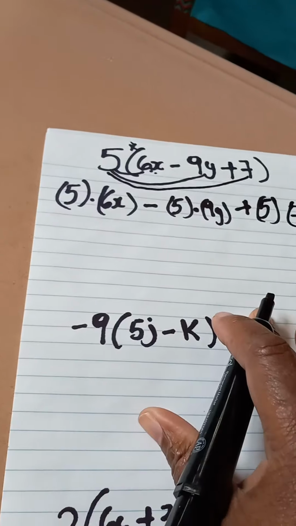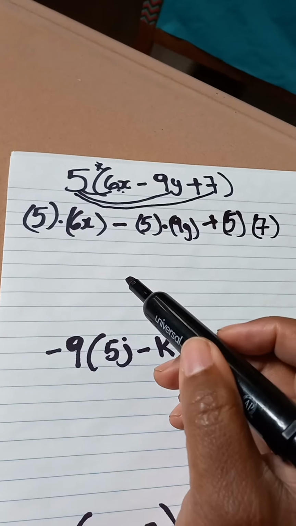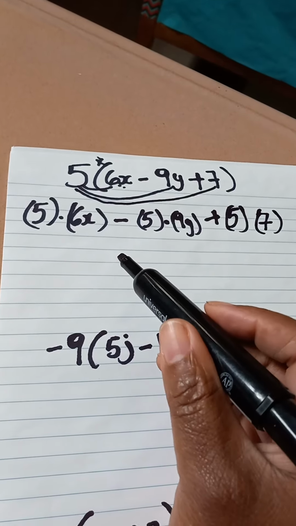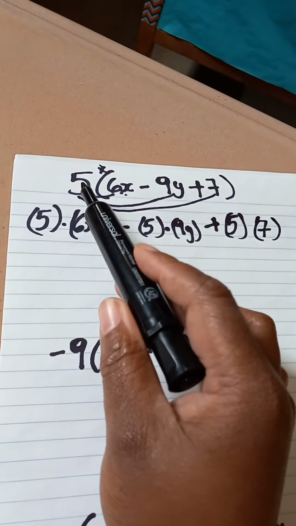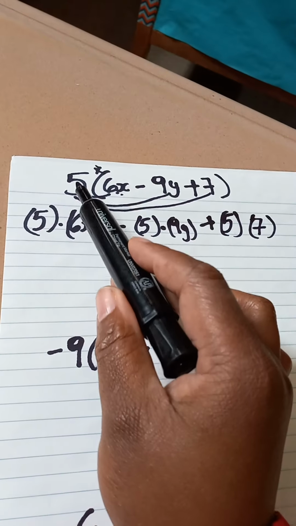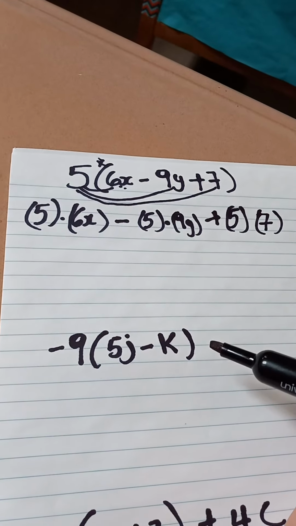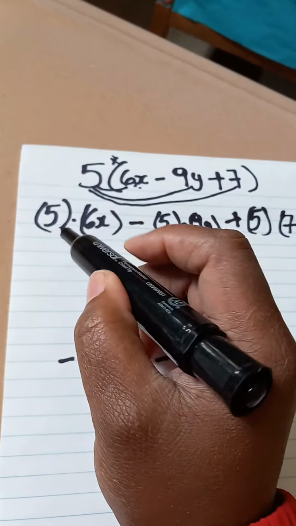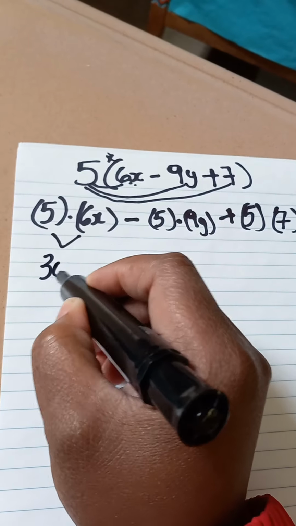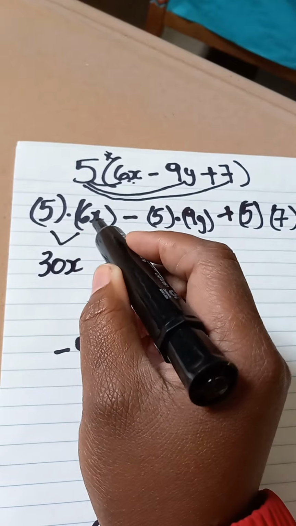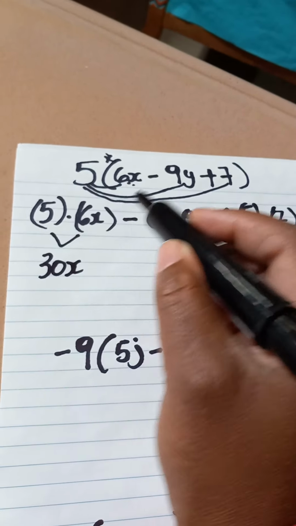So there we have it. This is expanded form, right? I have my 5 multiplied with my 6x, my 5 multiplied with my 9y, my 5 multiplied with my 7. Let's go ahead and simplify this. 5 times 6x is 30x.